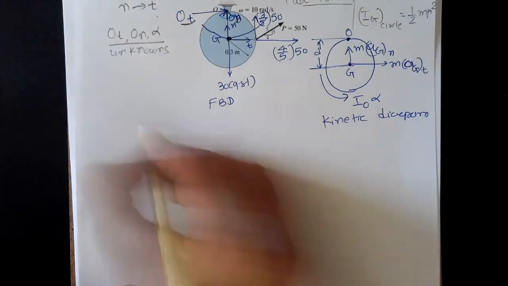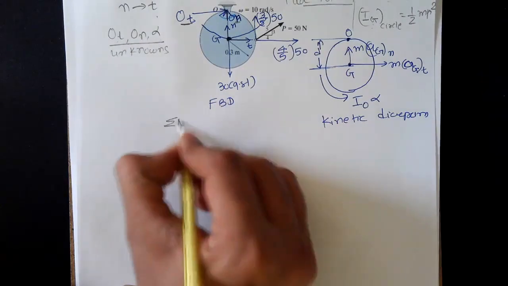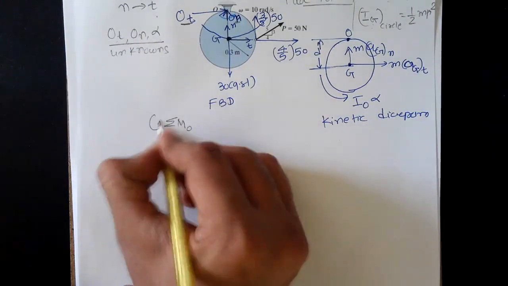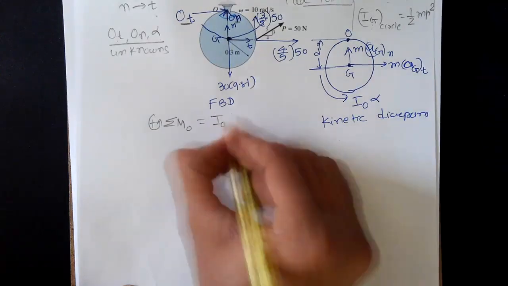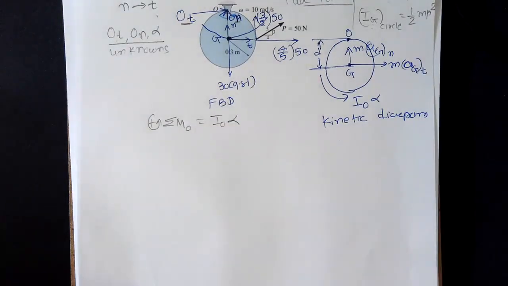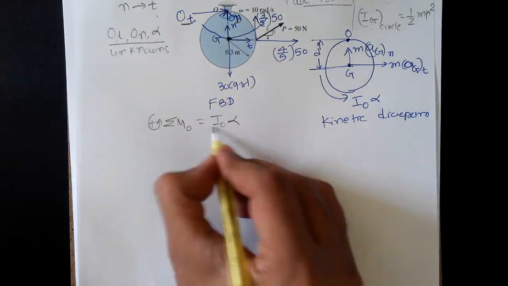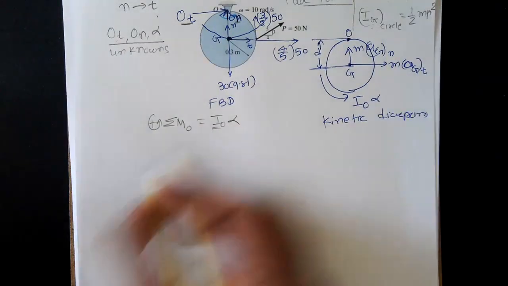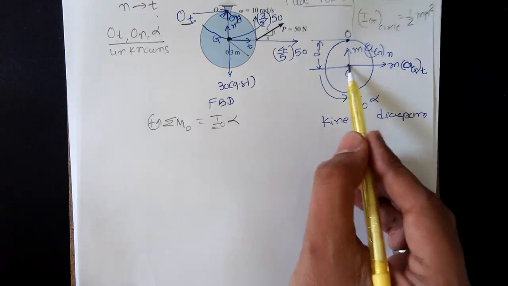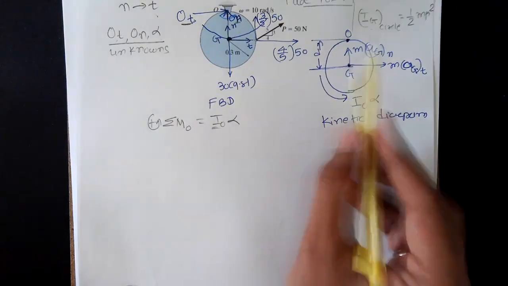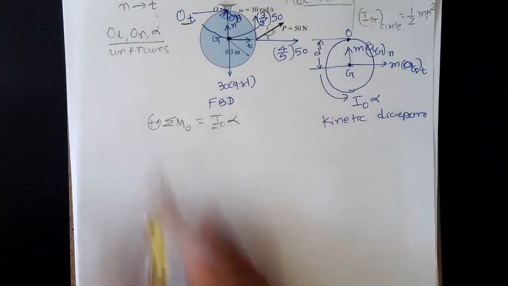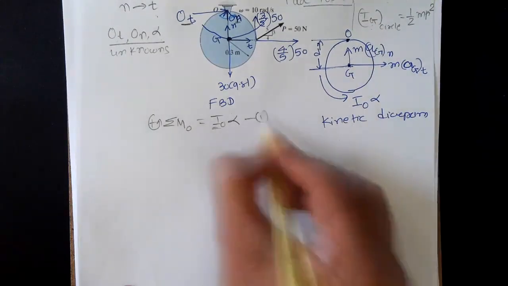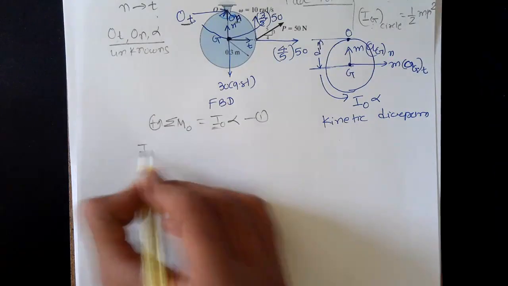Now let's apply this equation first. Sum of moments about O, counterclockwise is positive, is equal to I0 alpha. So let's call this equation 1. Now what is the value of I0? Now we know the equation for moment of inertia when the disk is rotated with respect to its mass center, but this time it's not rotated from here, it's rotated from O. So we need to apply the parallel axis theorem.